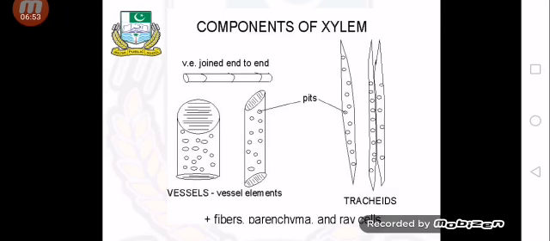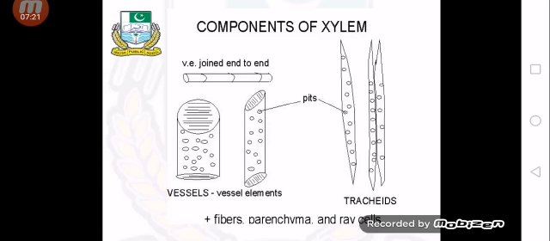In the upper region you can see small structures joined to each other in the form of a long pipe, and here you can see holes, which are called pits. So these small pipes join with each other, and are known as vessel elements, and they make long pipes which carry water from the roots to the stem and then to the leaves.